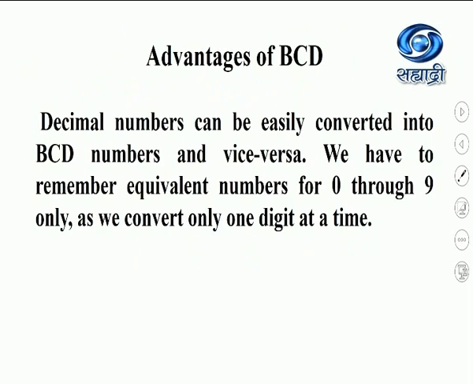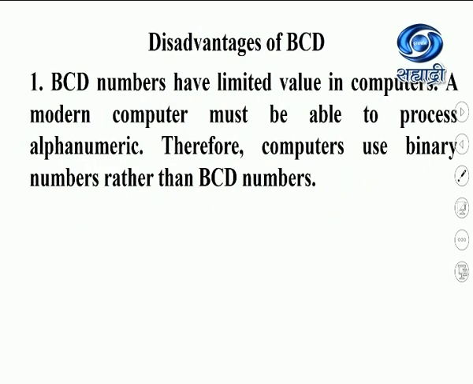Advantages of BCD. Decimal numbers can be easily converted into BCD numbers and vice versa. We have to remember equivalent numbers for 0 through 9 only, as we convert only one digit at a time. Disadvantages of BCD. BCD numbers have limited value in computers.